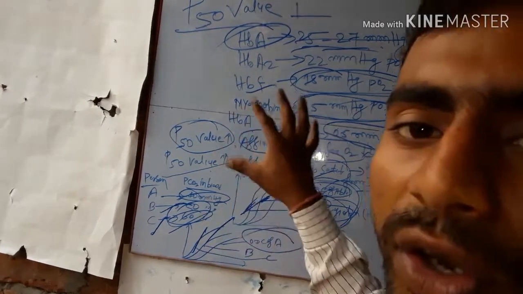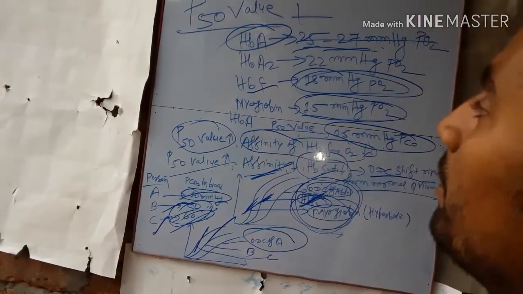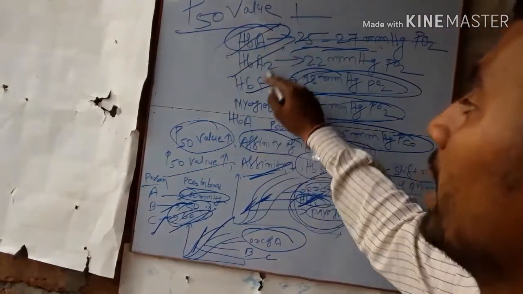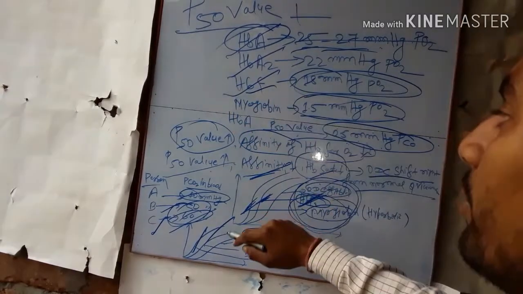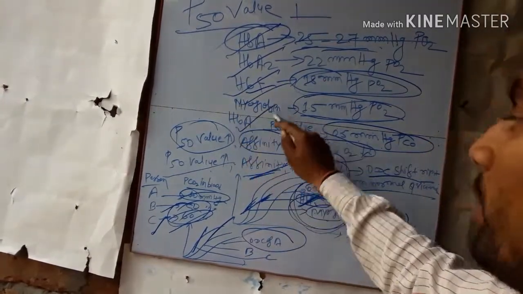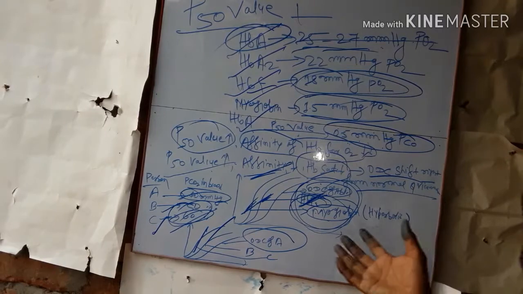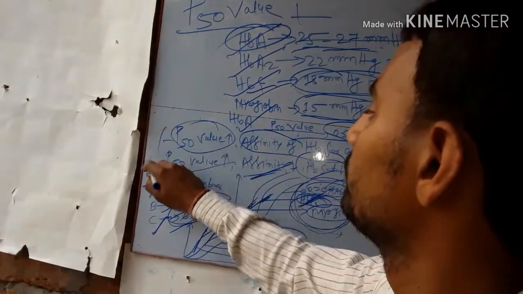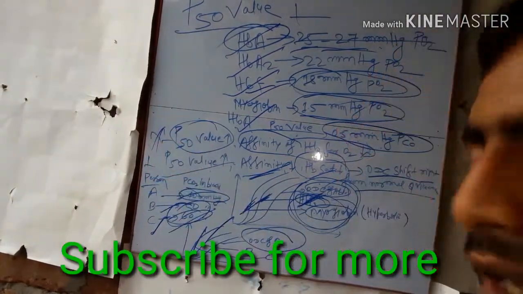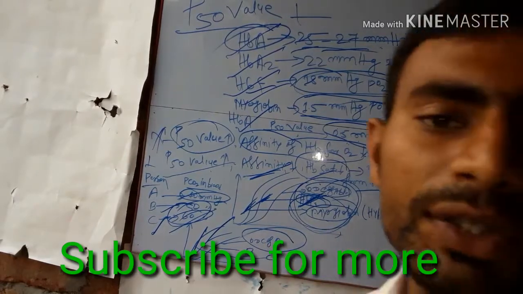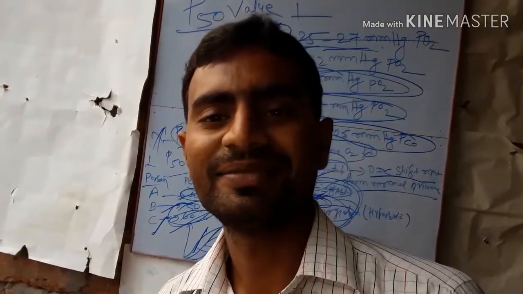So you should remember the P50 values of hemoglobin A, hemoglobin A2, hemoglobin F, and myoglobin, and also of HbA, and these terms. You should also remember the graph of this. Thank you.